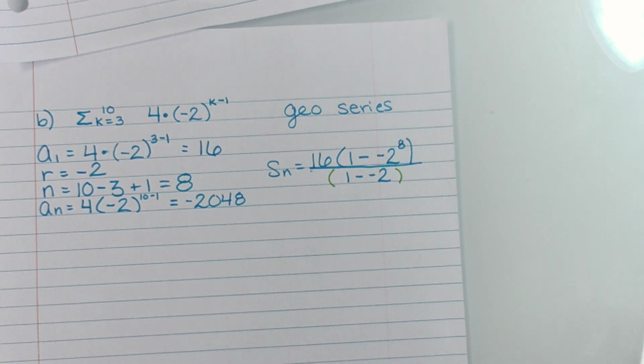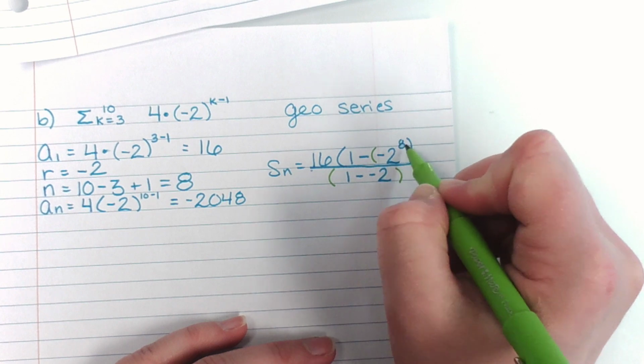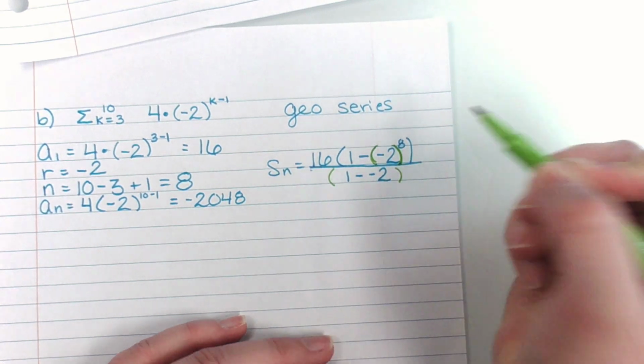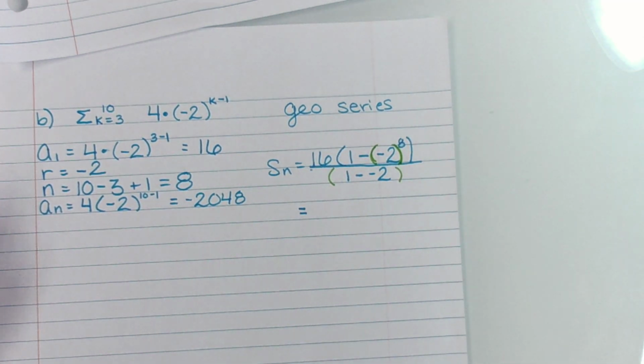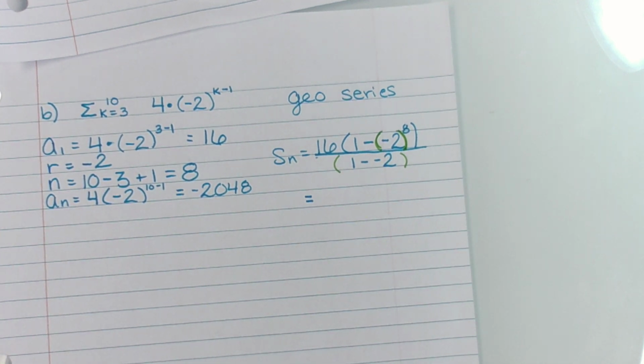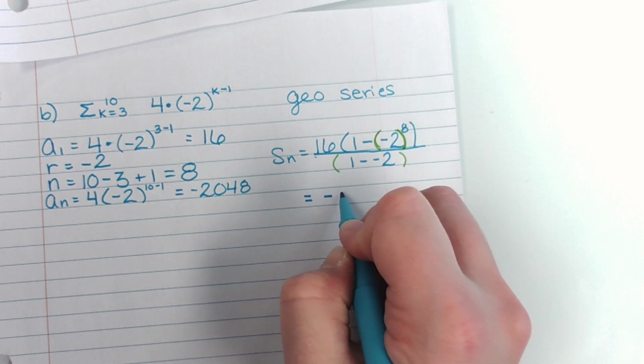Anytime r is negative or a fraction, it needs parentheses before you put an exponent on it. Any more? What do you get? I got -1,360. So did I.